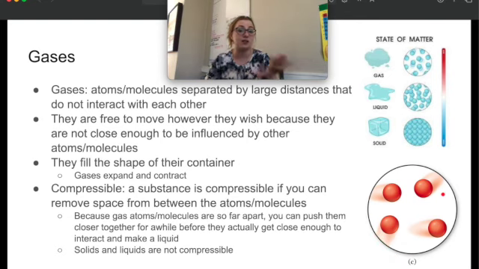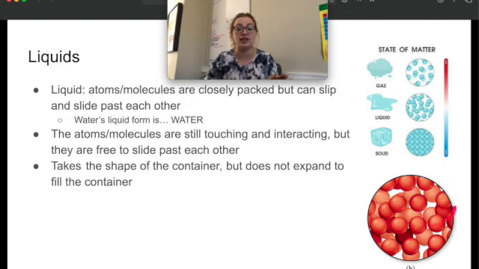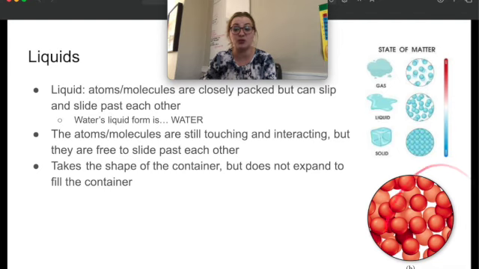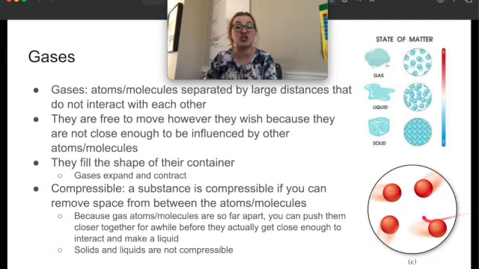So solids and liquids, they're not compressible. There's not enough space in this liquid or in this solid for any space in between those atoms and molecules to be removed. Here, there is so much space that we consider gases to be compressible. You can remove the space in between the atoms and molecules.